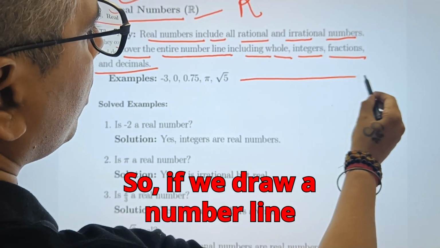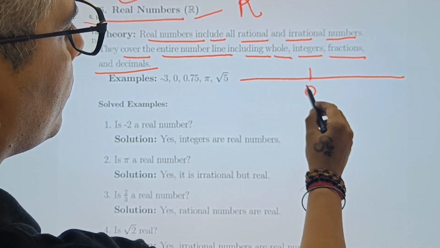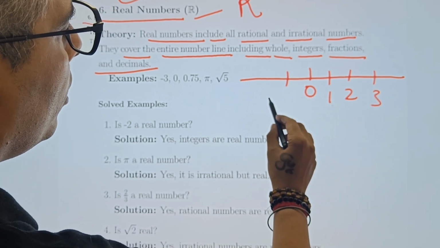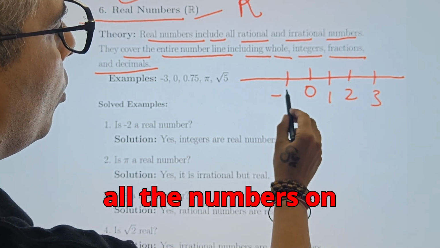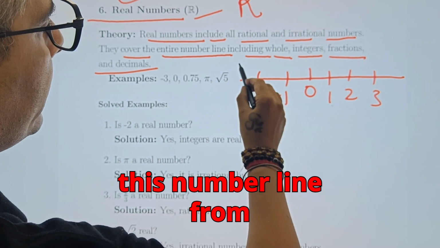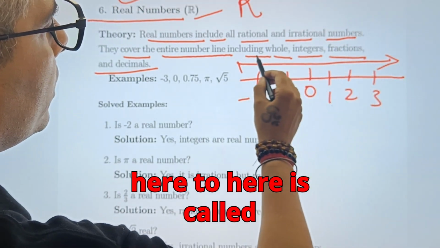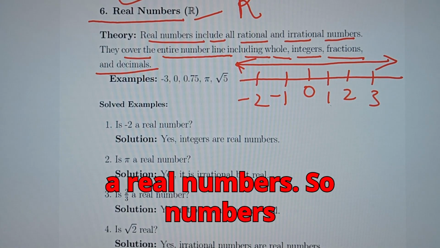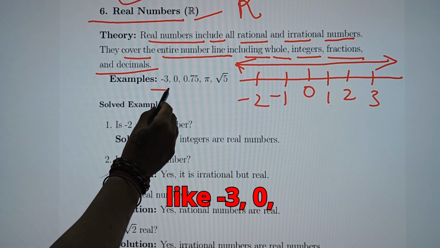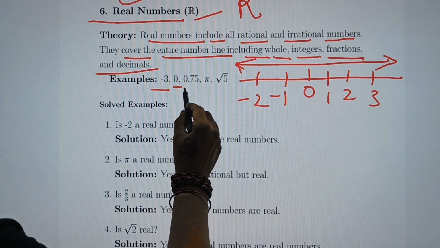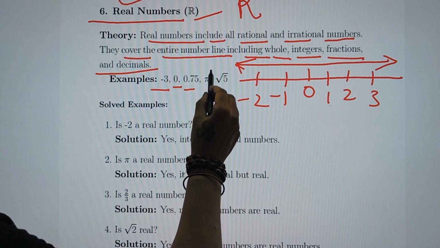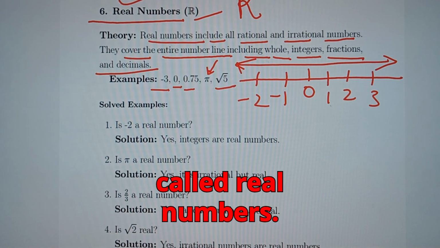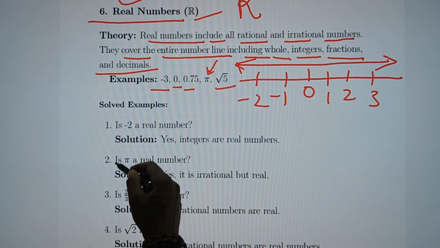So if we draw a number line, we can say that all the numbers on this number line from here to here are called real numbers. So numbers like -3, 0, 0.75, pi, square root of 5 are called real numbers.